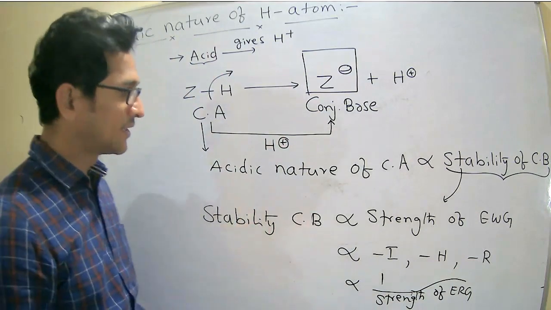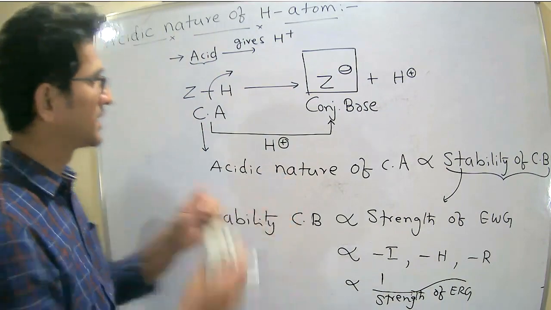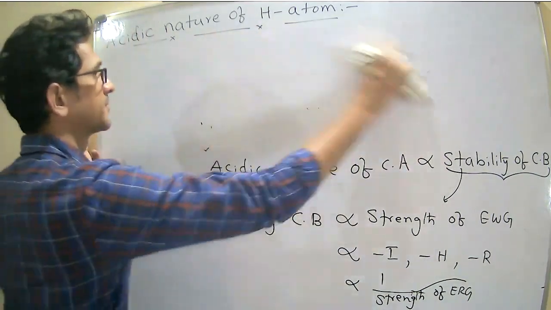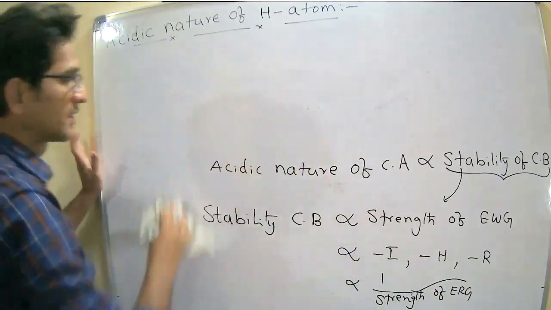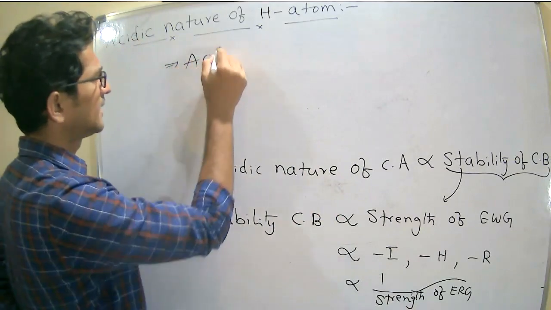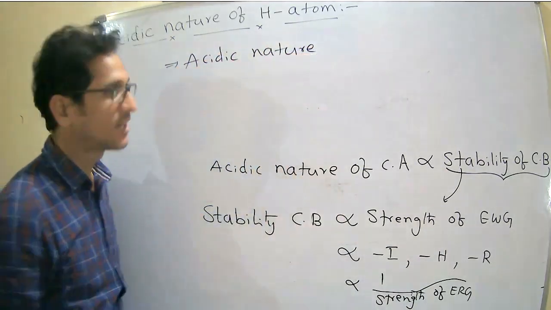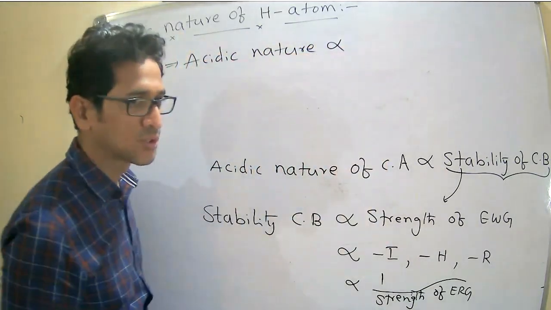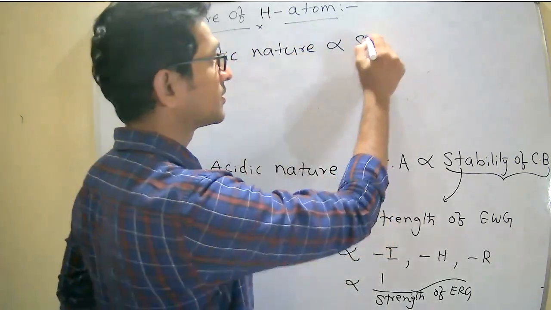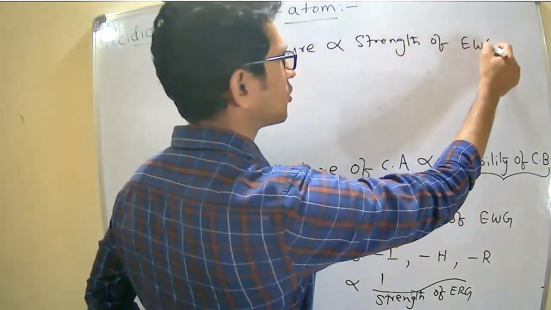From these two equations, finally I can write: acidic nature is directly proportional to the strength of electron withdrawing group.